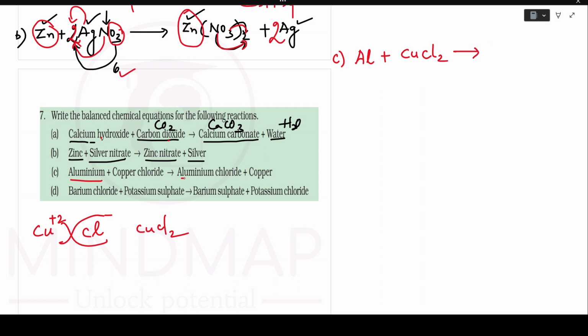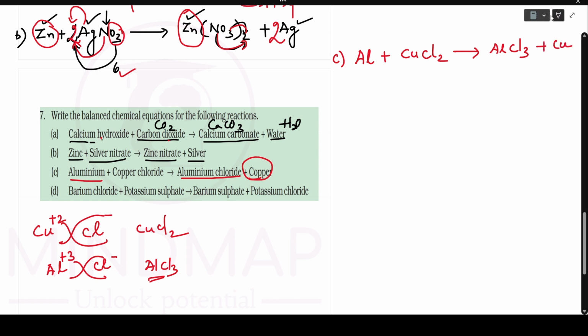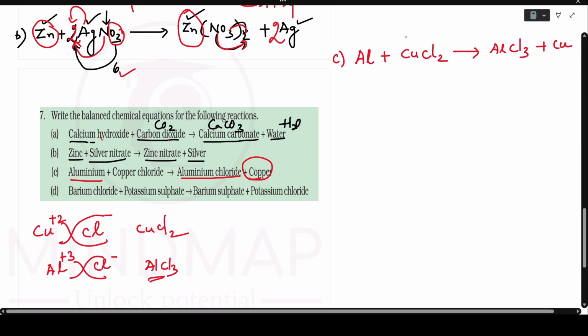It gives aluminum chloride, AlCl3. Let's see again. The symbol for aluminum is Al3+, and Cl is Cl minus. So exchange the number of ions. It will become AlCl3, aluminum chloride, plus copper, so Cu. Done? Okay. Now this is the chemical equation, and now let's balance it.